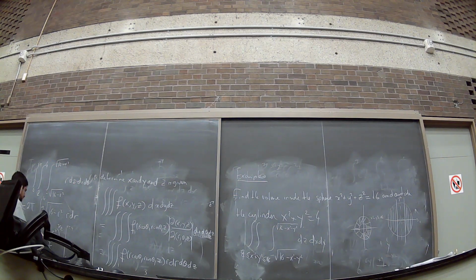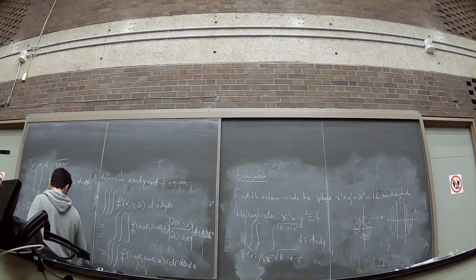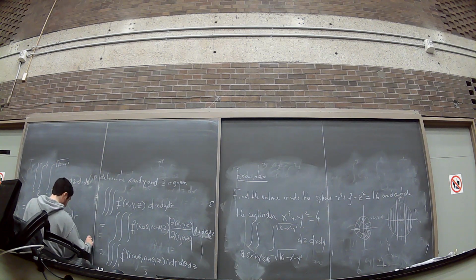So you get, this is 0, so you get 2 pi, r is equal to 2, so 16 minus 4 to the 3 halves, what do you get? 12 to the 3 halves, right? 16 minus 4 to the 3 halves, you get 12 to the 3 halves over 3 halves.